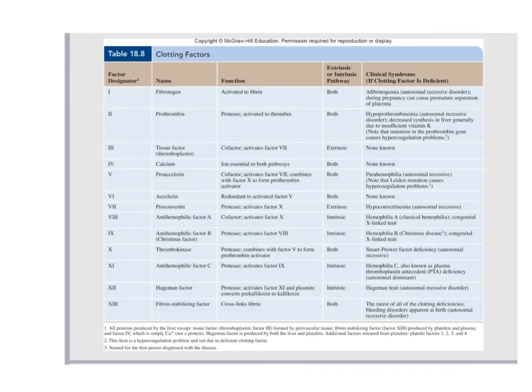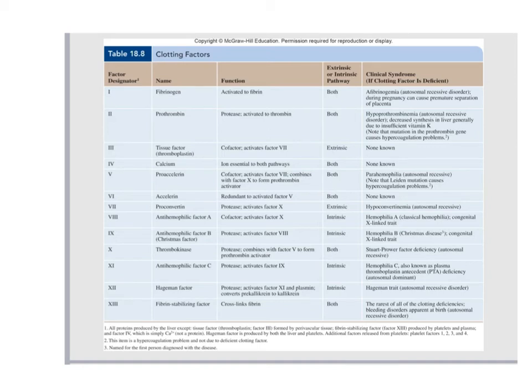Here's the factors. This is in your textbook, table 18.8. Put it in here just kind of so you can see there are 13 factors listed there. Some important ones: calcium, right? Prothrombin, tissue factor, okay? All of them are involved.